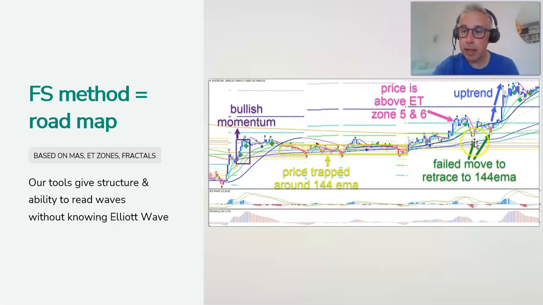And you see that here, price is pulling away from the 144 EMA because it's going further than ET levels 3 and 5. Those are the ET zones. They plot those levels. You see a failed move to retrace back to the 144 EMA, and then a continuation up to ET level 7 and 8. All right, we see momentum is in the market.